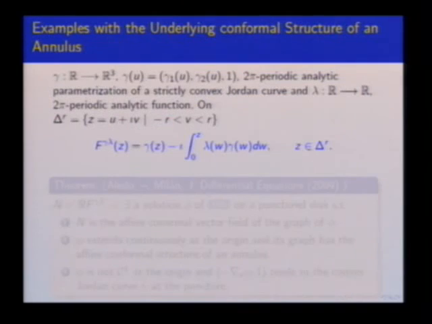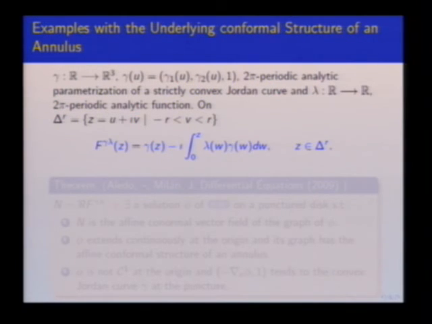But in the case that the underlying conformal structure is that of an annulus, then we have many ways to construct isolated singularities. In fact, given any 2-pi periodic analytic parametrization gamma of a strictly convex Jordan curve and any 2-pi periodic analytic function lambda, then we have two ways to get a solution.